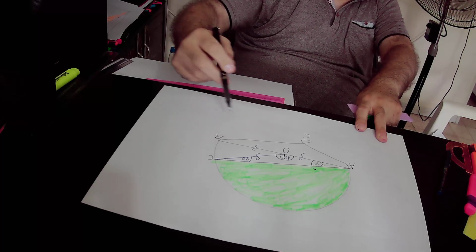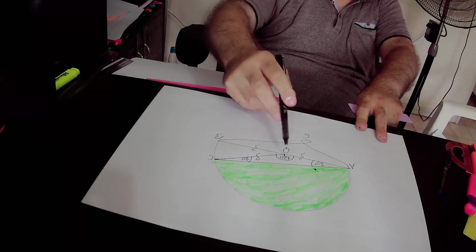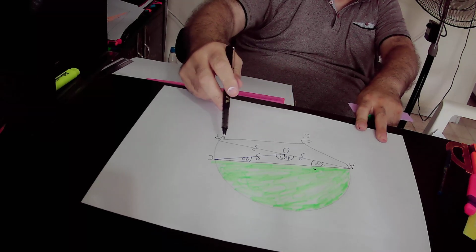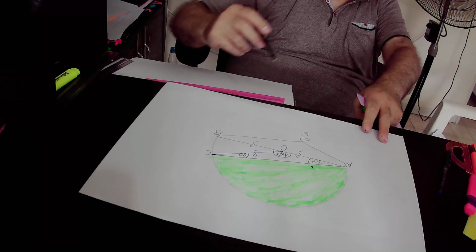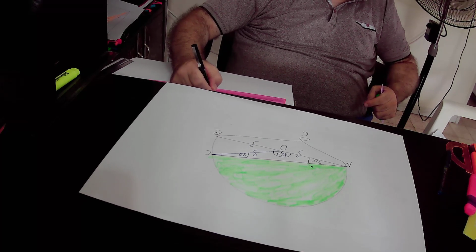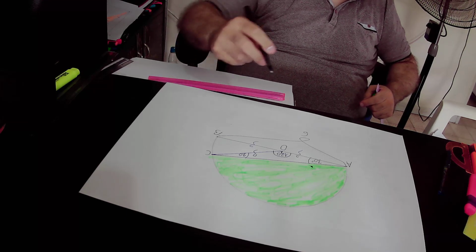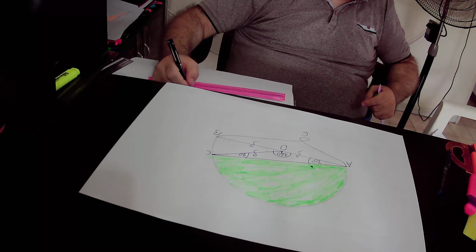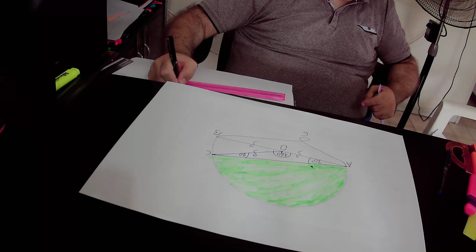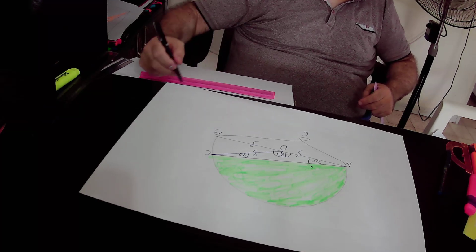I repeat again, the area of this green shape equals the area of the semicircle minus the area of triangle AOC minus the area of sector BOC. I'll write it down. The area of the green shape equals the area of the semicircle minus the area of triangle AOC minus the area of the sector COB.